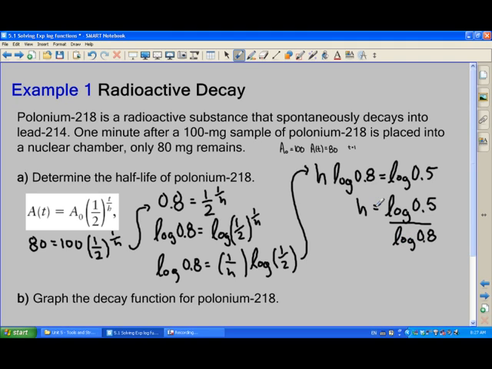And this time I'm actually going to evaluate this, so I'm going to plug it into my calculator, and I get an h value, a half-life, of about 3.1 minutes.